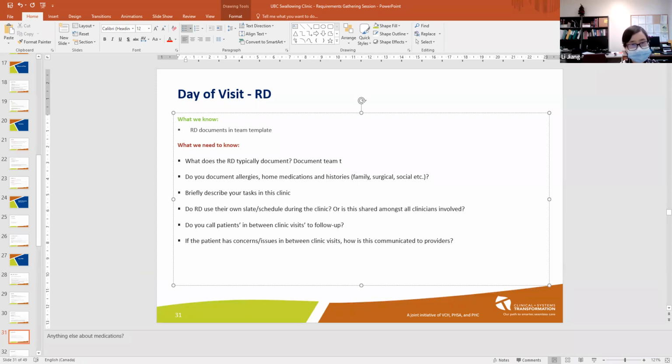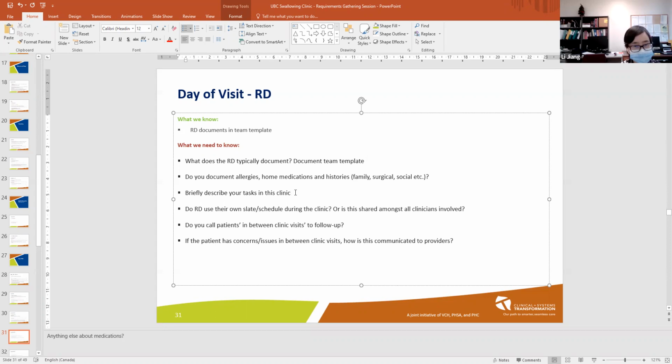But otherwise, that's pretty much it in the template. Okay. And so in terms of tasks, you guys are basically doing more of an assessment service, going through a nutrition assessment and providing nutrition counseling.